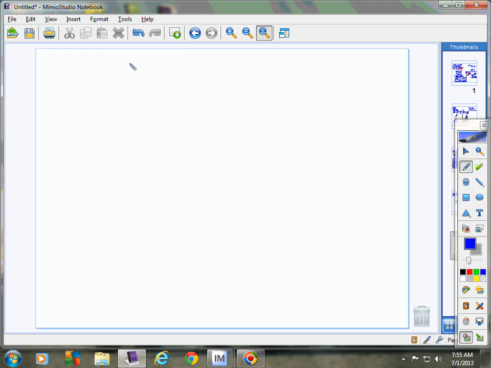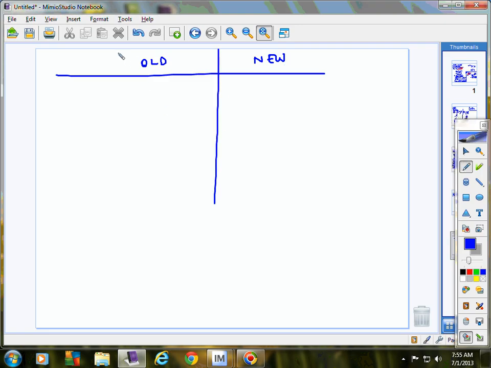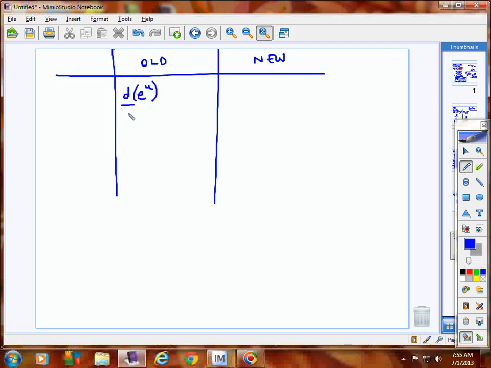Now let's make a little chart in our notes. Let's write old and new. Alright, first old problem. The derivative of e raised to the power of u with respect to x. That u just represents something complicated, possibly.